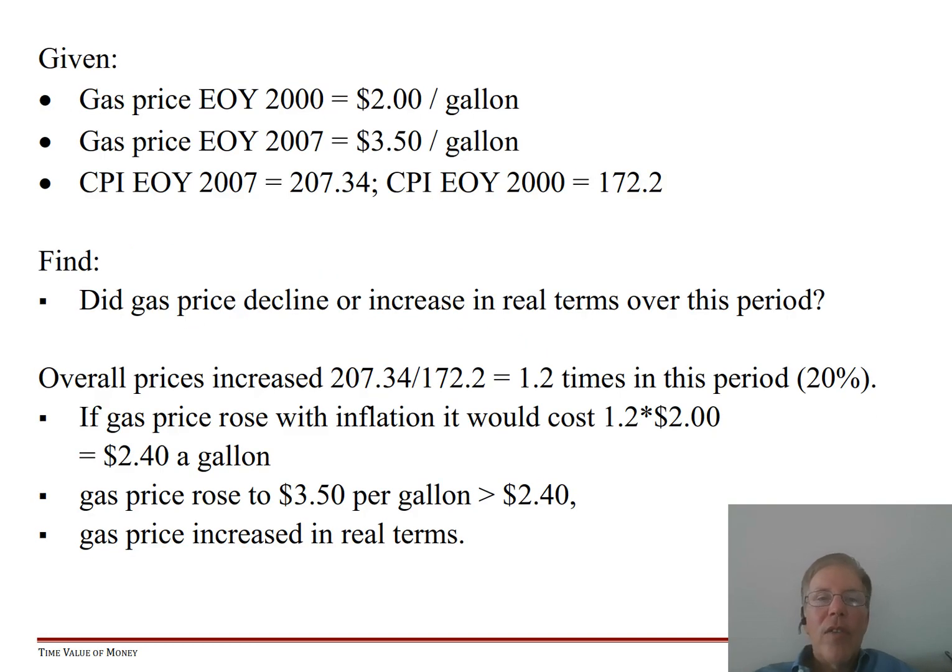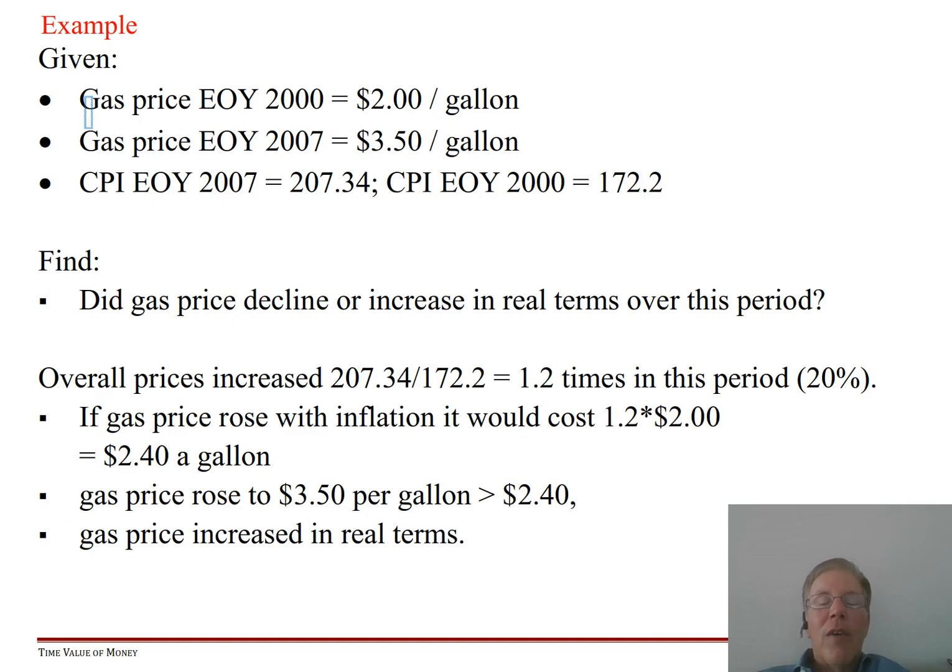Okay, so let's do an example here. It's a pretty good example, if I do say so myself, that helps us put everything together and see how this all works out. Gas prices at the end of the year 2000 were about $2 a gallon, average national price. By 2007, the price was about $3.50 a gallon.